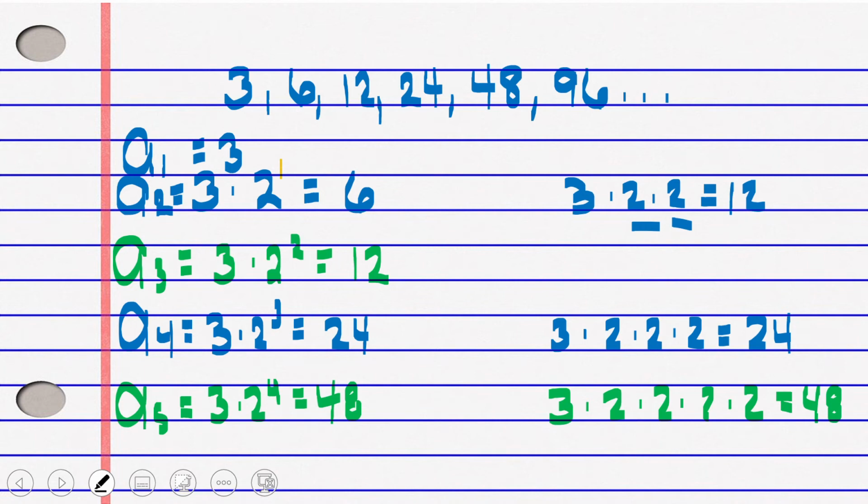So we would have a pattern emerging here. 1, 2, 3, 4 for the exponents of the ratio multiplier. So we would have a formula that would look like A of n equals 3 times 2, and then in our exponent, n minus 1.